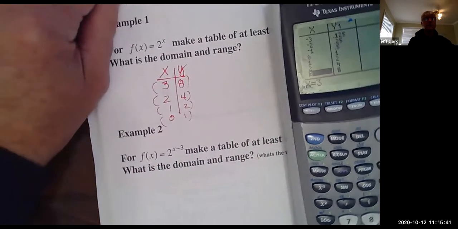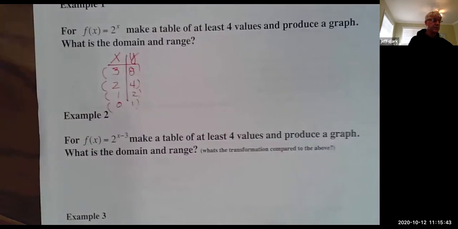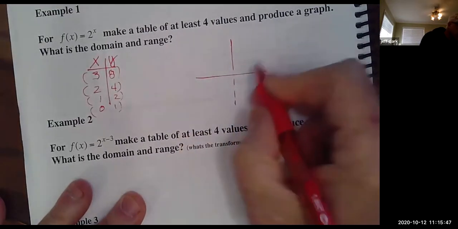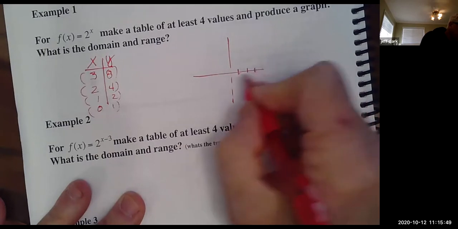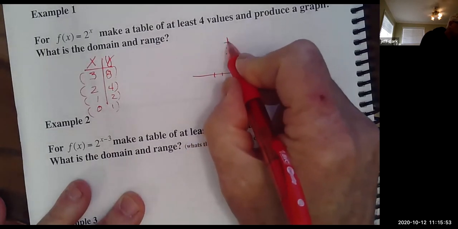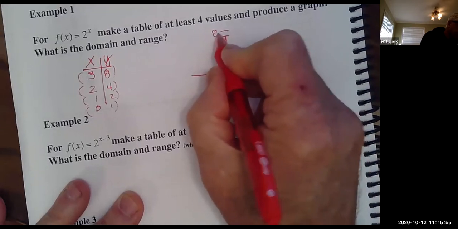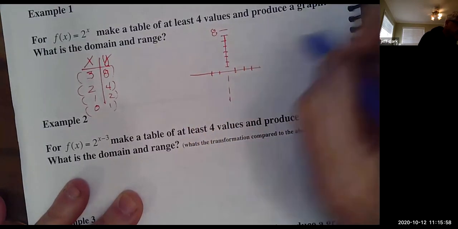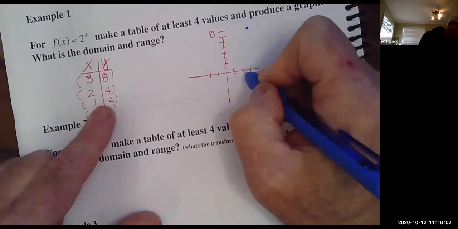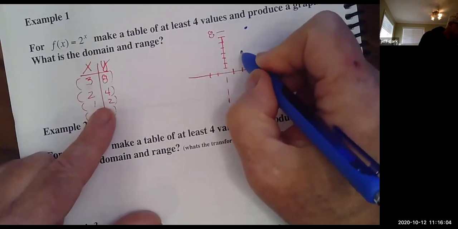Those are nice. At least 4. 1, 2, 3, 4, 5, 6, 7, 8. 3, comma 8. 2, comma 4. 1, comma 2.